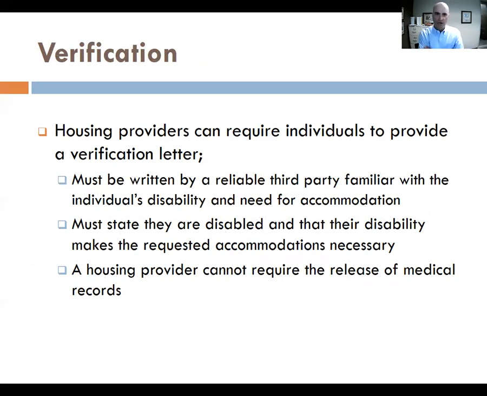And we've talked a little bit about verification. Whether it's an accommodation or a modification, you can require reliable third-party written verification. What the verification is targeted to depends upon whether the disability is obvious, whether the need's obvious. And you cannot require a release of medical records or medical information, and you can't ask what the person's disability is.